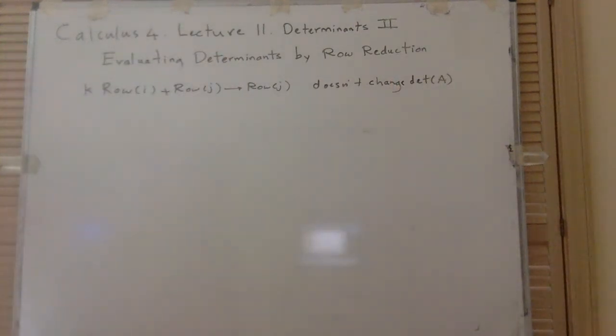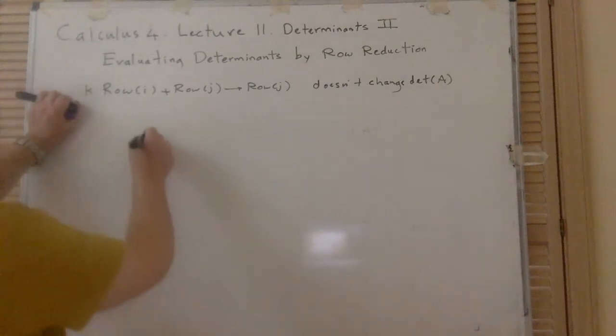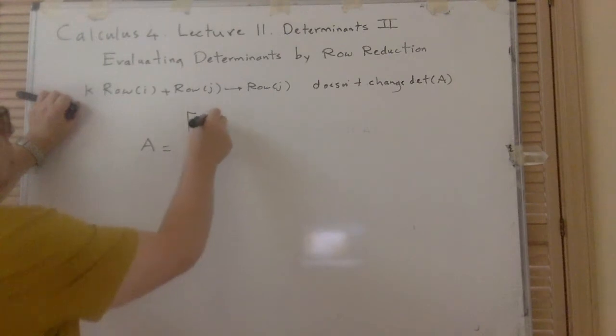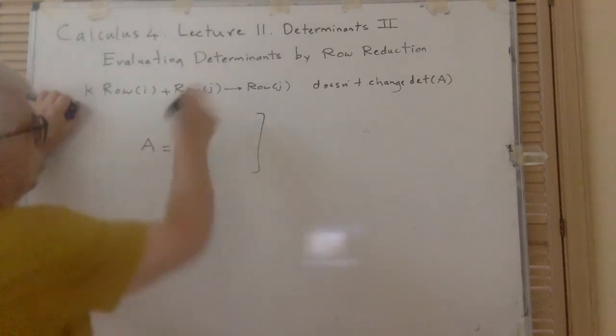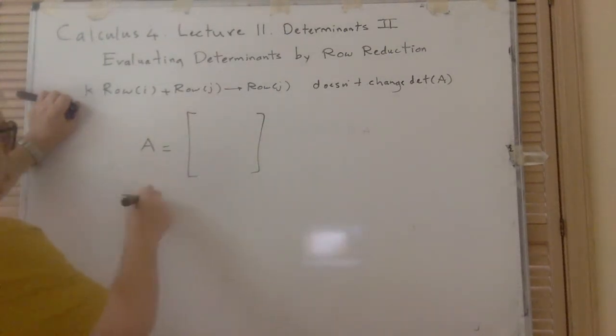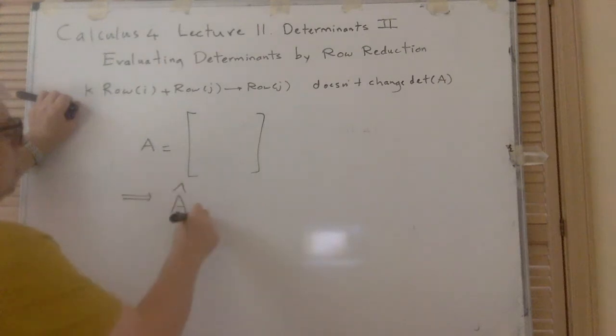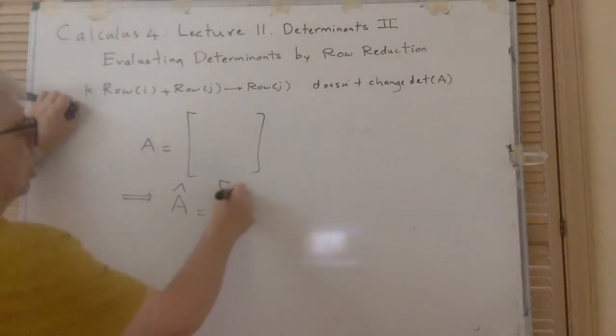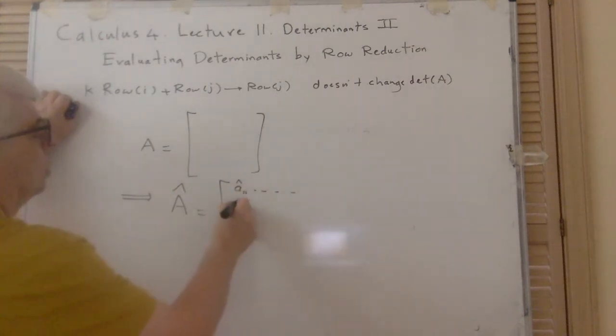Okay, so what can this do? And remember, just this row operation can give me a triangular matrix. So if A is whatever A is, this row operation gives me something like this. It's not A anymore, it is A hat 1 1 and 0, A hat 2 2.